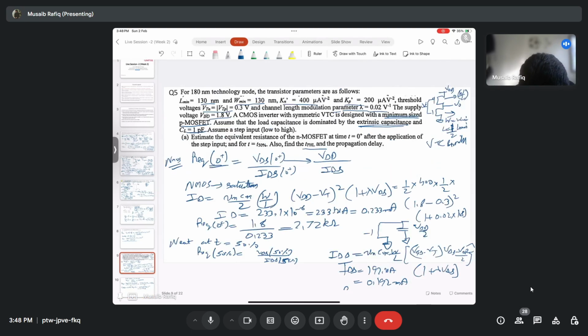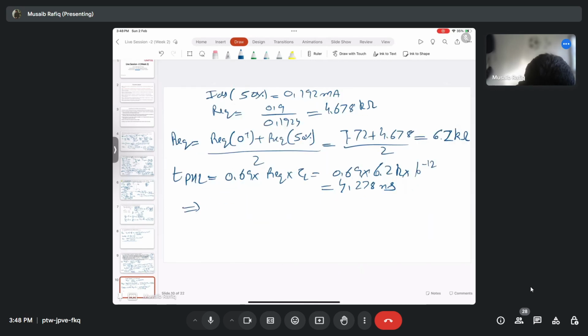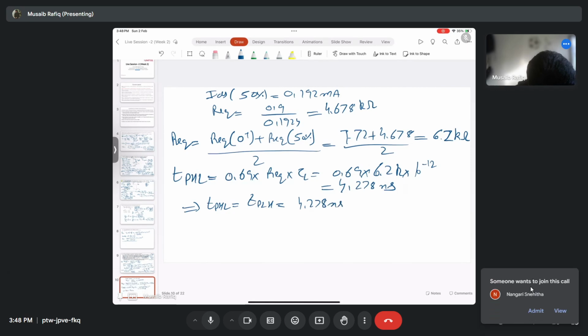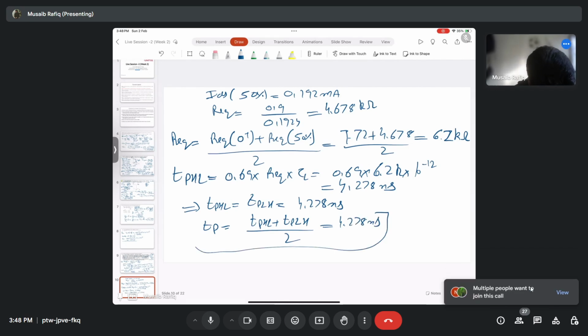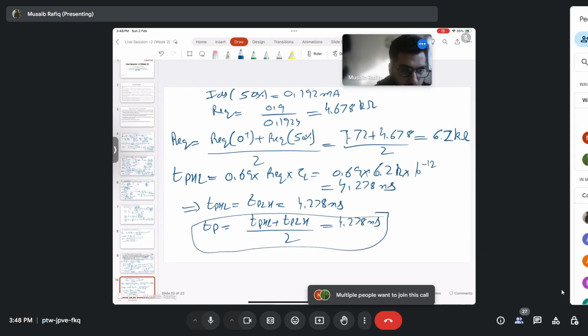Also given was that the inverter is symmetric, so that implies TPHL is equal to TPLH, that is 4.278 nanoseconds, and my TP, that is the propagation delay, will be equal to TPHL plus TPLH divided by 2, that is 4.278 itself. So this was my propagation delay.